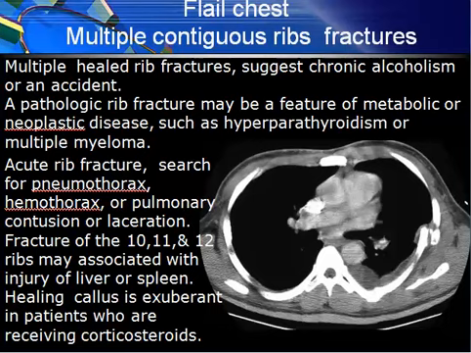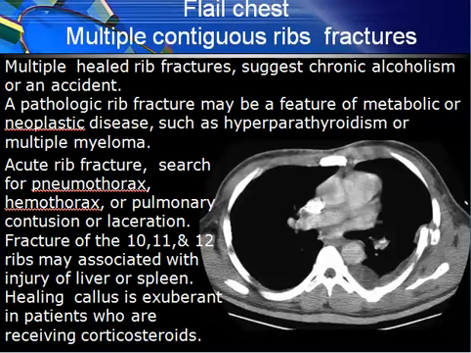So again, multiple rib fractures could be pathological, could be post-traumatic. Multiple rib fractures result in what we call the flail chest. It is multiple contiguous rib fractures. If it is something chronic, you should suggest an old trauma or chronic alcoholism. If it is pathologic, please exclude hyperparathyroidism and multiple myeloma.